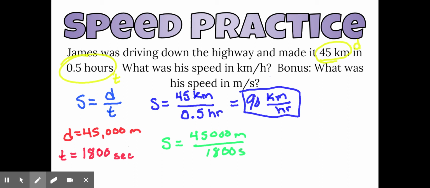And when you take 45,000 divided by 1,800, you get an answer of 25 meters, right? Because meters don't cancel out, and seconds.